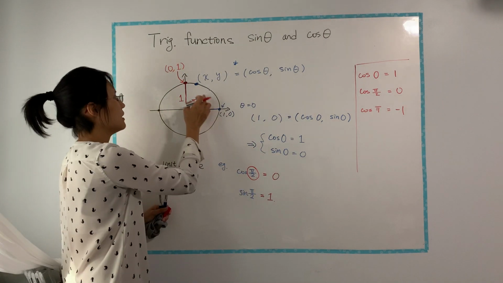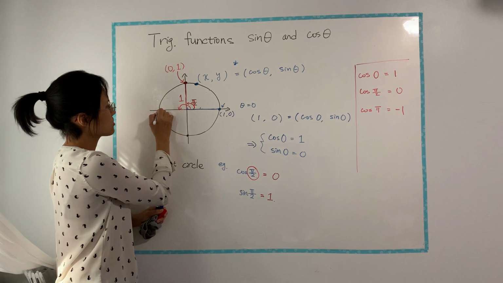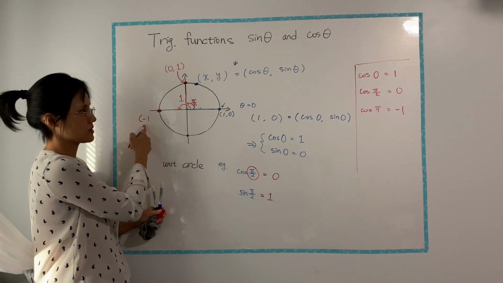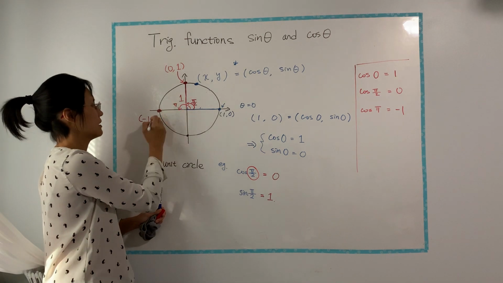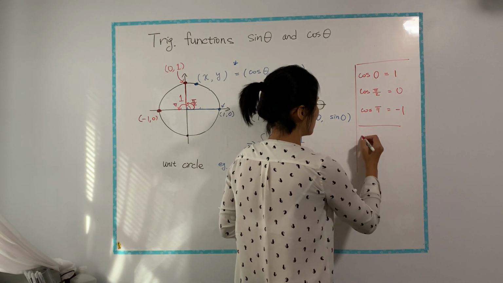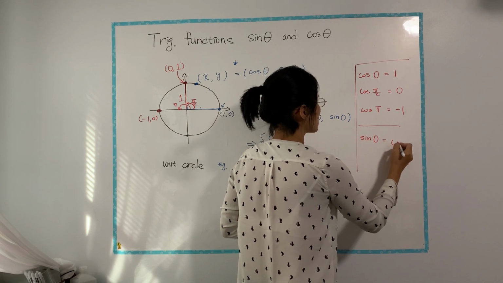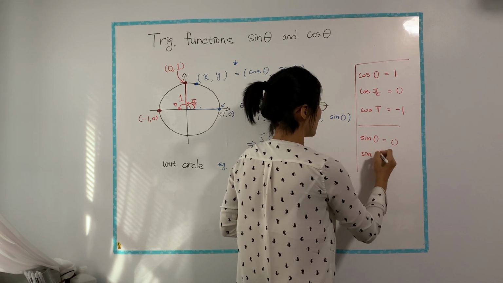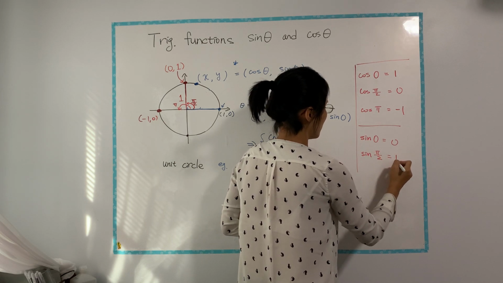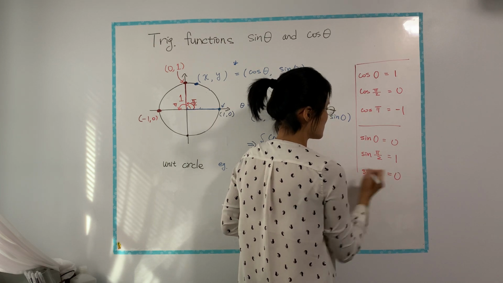Because pi is the angle that's all the way to here. So this point has -1 in the x coordinate, and that tells you cosine of pi. Okay. And similarly, you have sine of 0 equals 0, sine of a half pi equals 1, and the sine of pi equals 0.